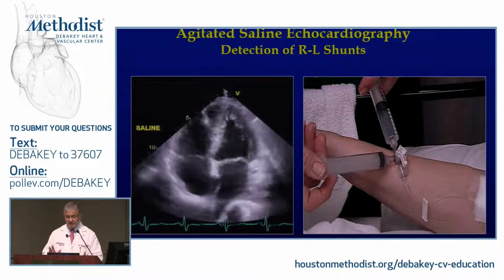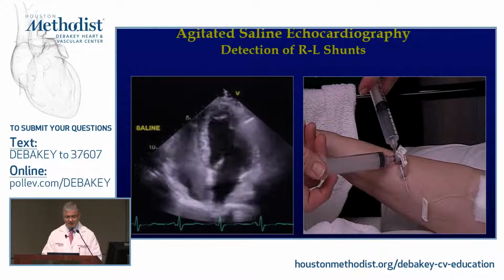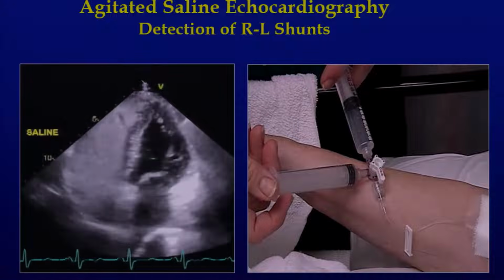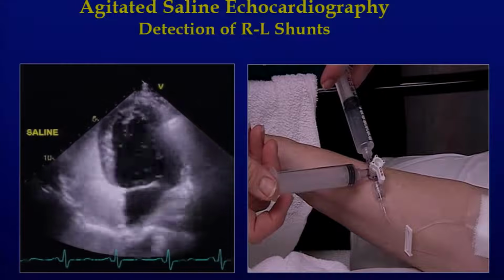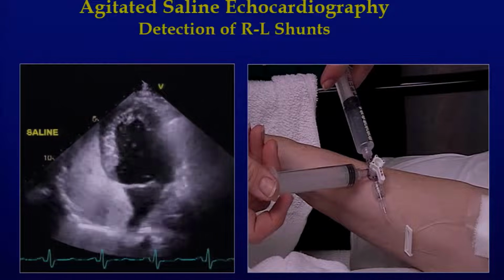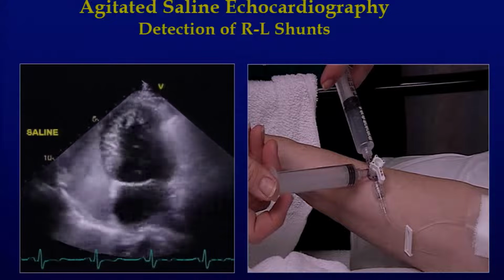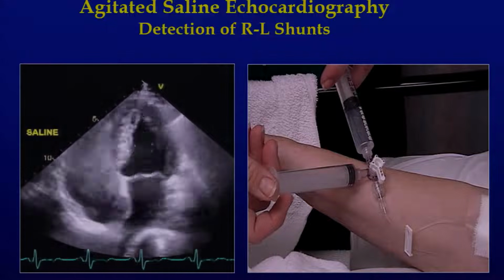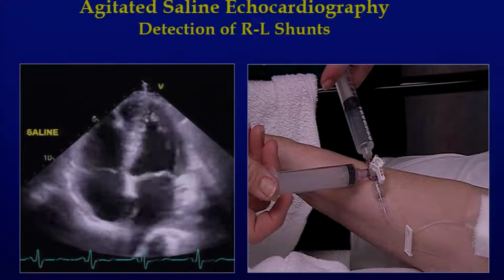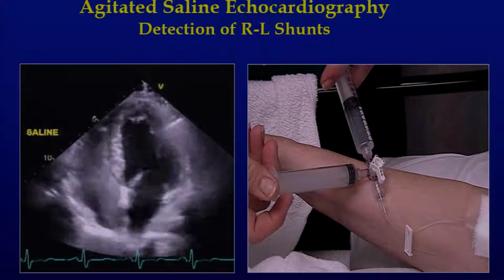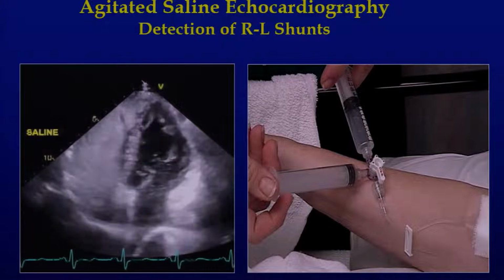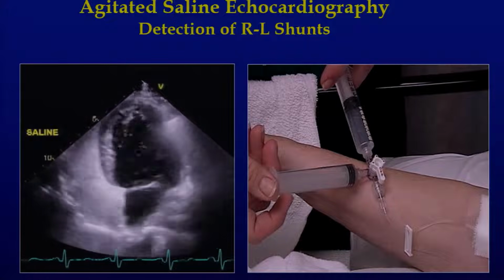What has been used for years and years, back in the late 50s, early 60s, is the discovery that if you have tiny microbubbles in the fluid medium, it reflects ultrasound. It looks very well, just like you're seeing on the side. So we use these properties of agitated saline to look for shunting, intracardiac or intrapulmonary shunting.